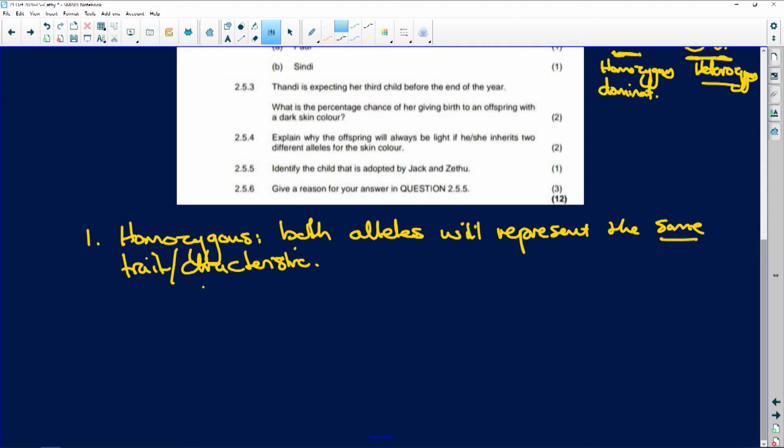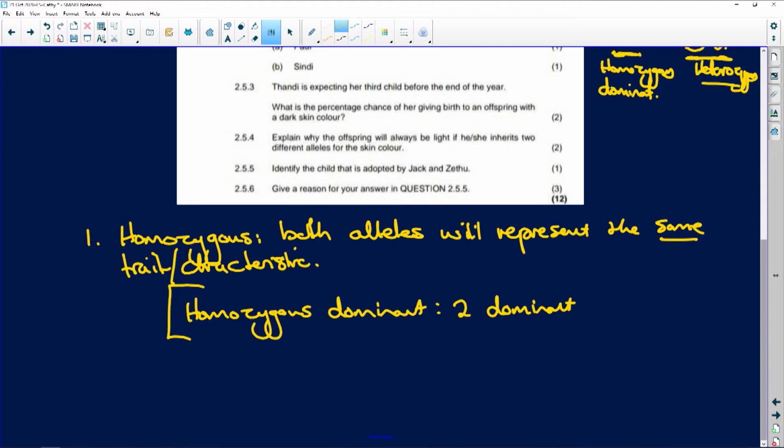But let me put it like this. You can say if it's homozygous dominant, that means the individual will have 2 dominant alleles for that trait.